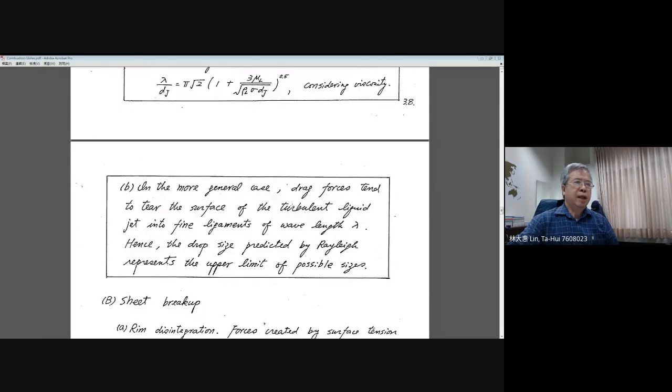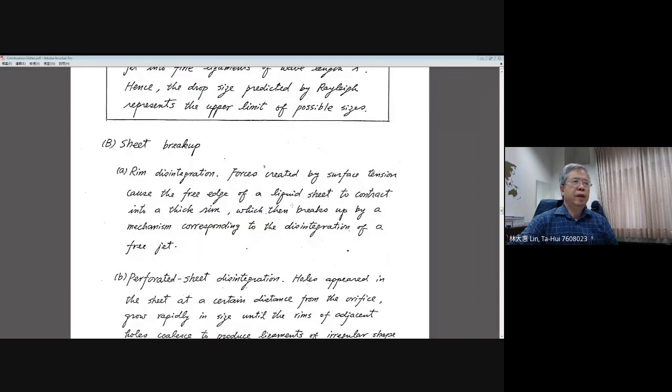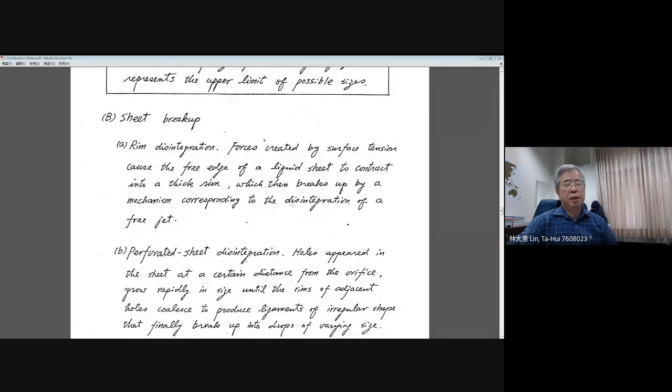And there is another way of thinking, about sheet breakup. That means if you increase the size of the jet, as we described earlier, you need to consider the velocity difference, the velocity distribution along a cross section of the larger liquid jet. Now you will think about the breakup process going through the liquid sheet, the liquid ligament, and then the droplets.